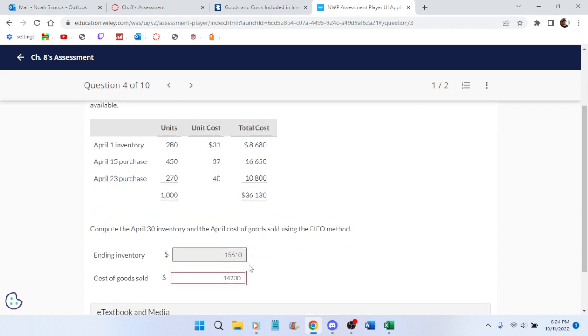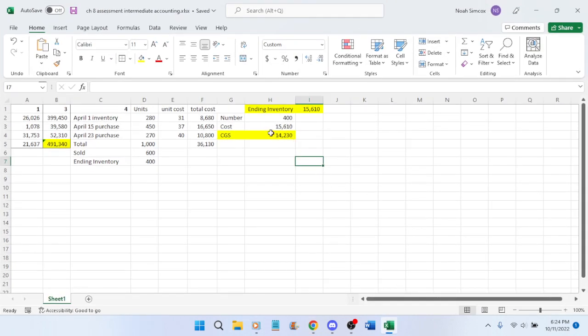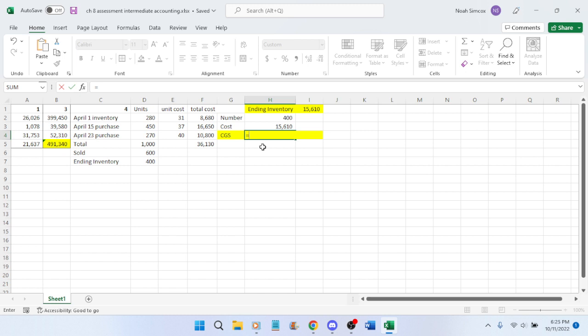Therefore, you have to take the 600 and just do starting at the beginning and go down. How is this wrong? How is that wrong? Instead of using these 14,230, I'm just going to do the whole thing again.